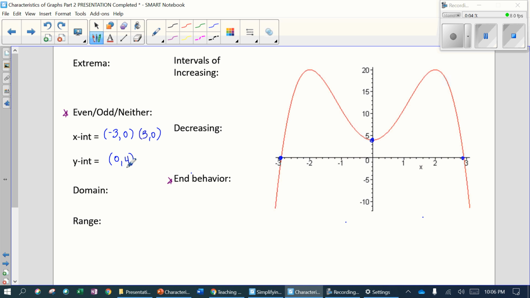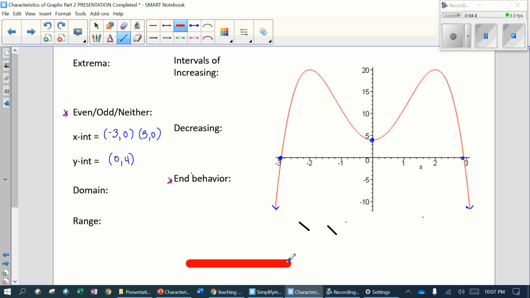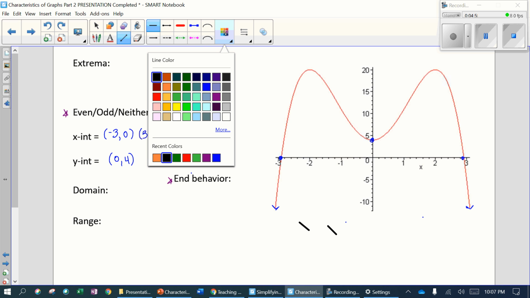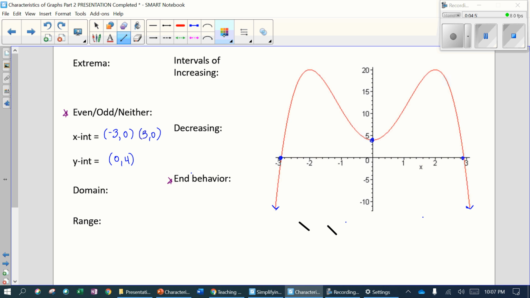Domain, looking at the graph, it doesn't show arrows, but imagine they're here. If it wasn't going on forever, it would have put dots to let you know. So domain, remember we had that little special line that I used. Here's my line.